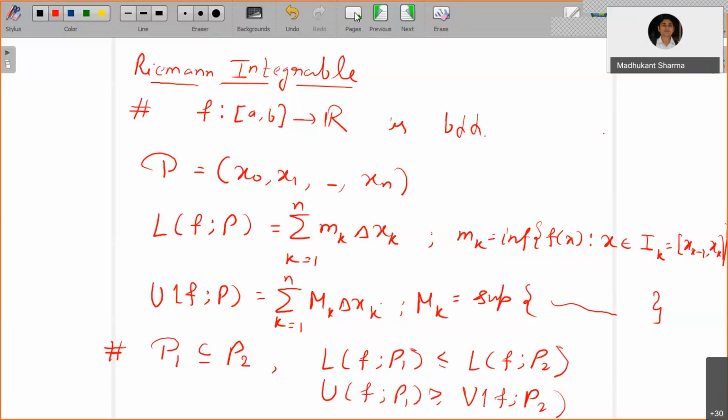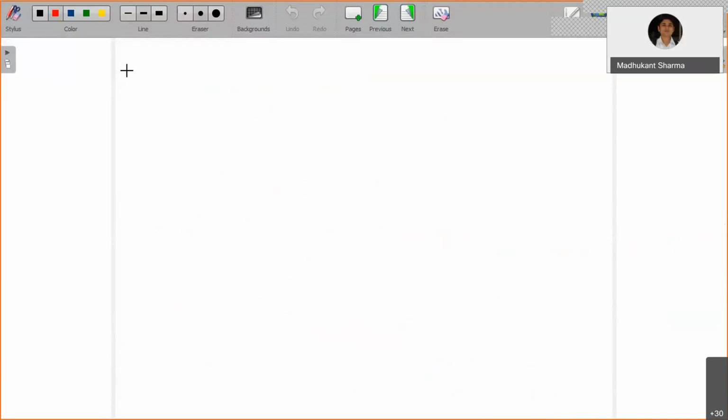Those limits we have defined as capital L of f and capital U of f. These also have meaning because of the boundedness of the function.